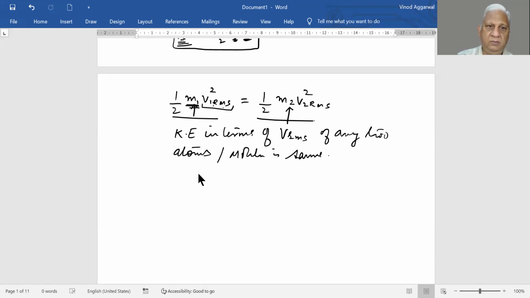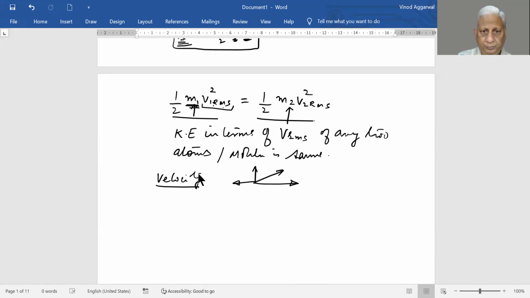Now let's understand what is velocity and what is RMS. Velocity is a vector quantity. The vector can be this way, it could be this way, it could be a negative way.